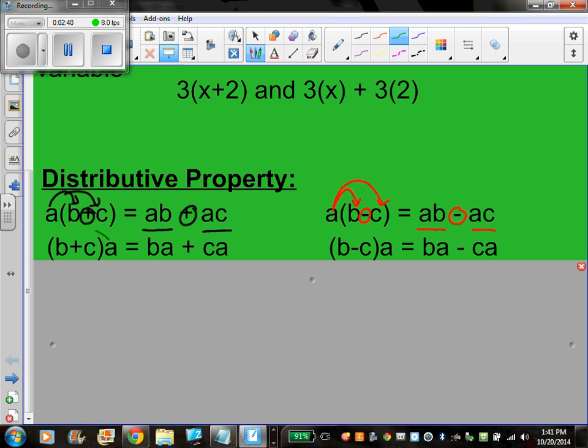So that a distributing to both places gives you b times a and c times a. These symbols still match, and the same idea happens in this last part. A distributes to the b and the c, and what we end up with is b times a, c times a, and the symbol here in the middle stays the same. That's distributive property, something that you will be using quite a bit in this lesson here today.